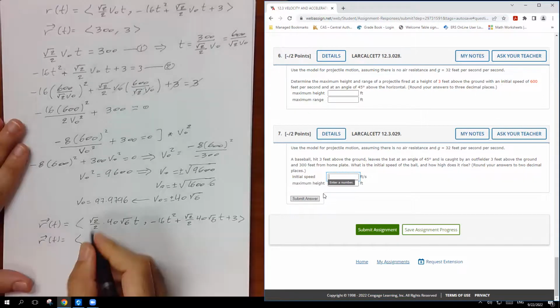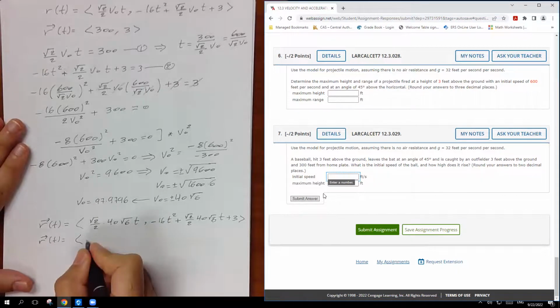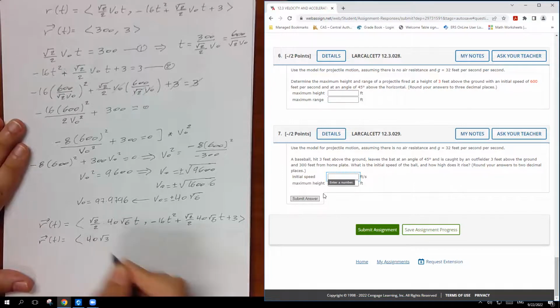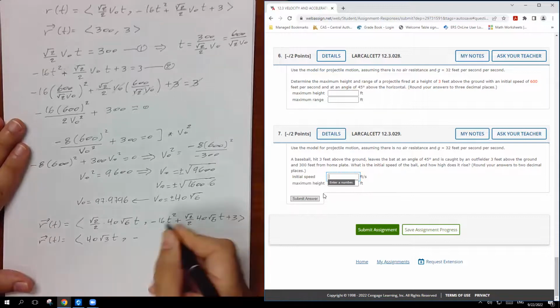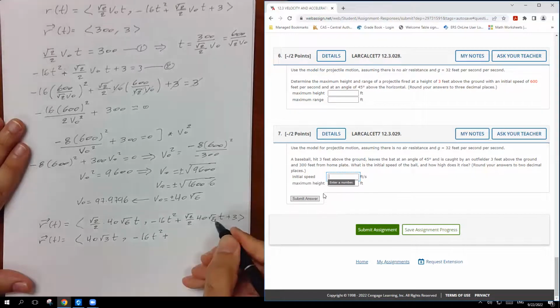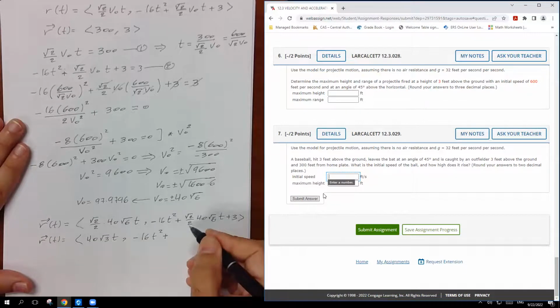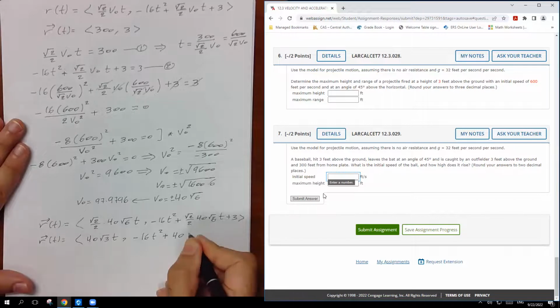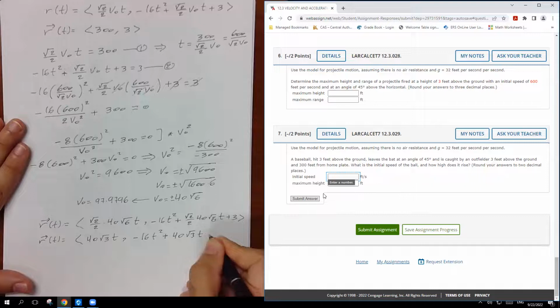So it's going to be square root of 12, which is 2 square root of 3 times 20, so it's going to be 40 square root of 3, and here is the t. Still negative 16 t squared plus 40 square root of 3 t plus 3. So this is our position vector.